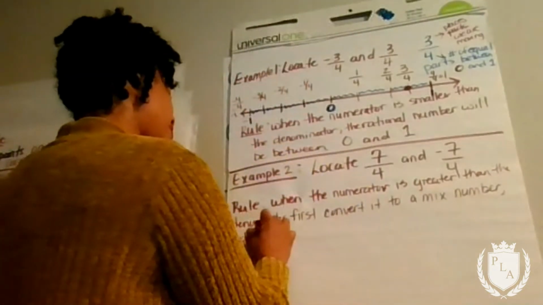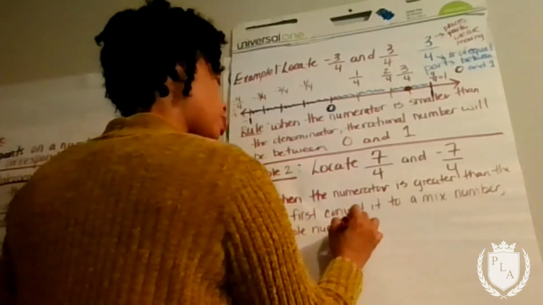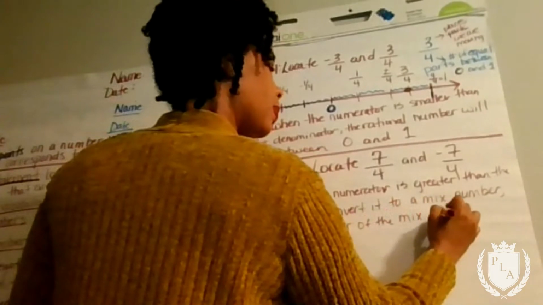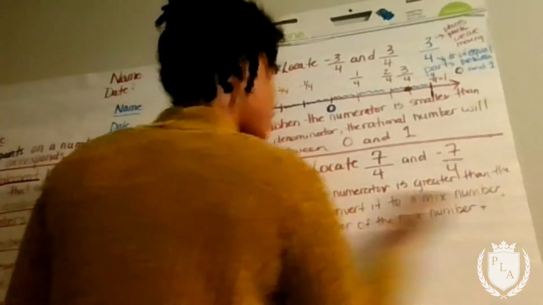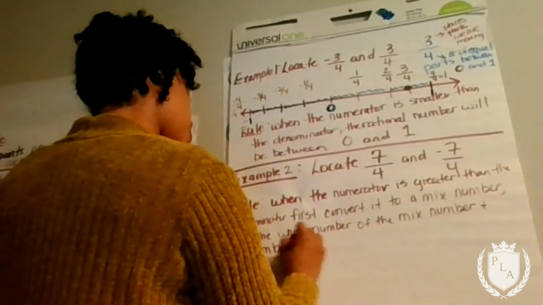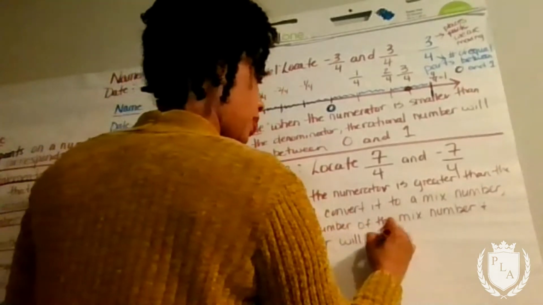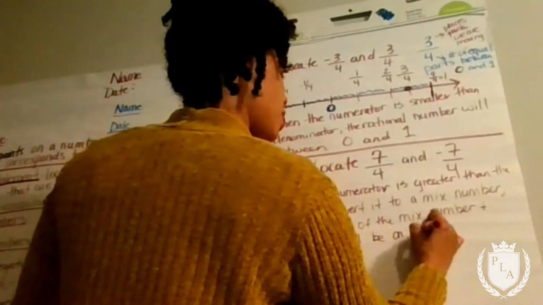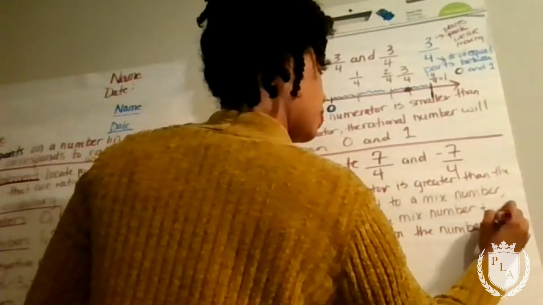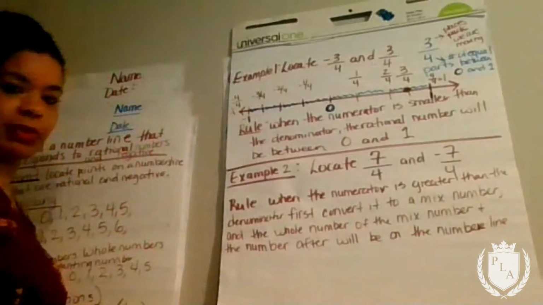And the whole number of the mixed number and the number after will be on the number line. Okay, so first thing we need to do is convert this to a mixed number.